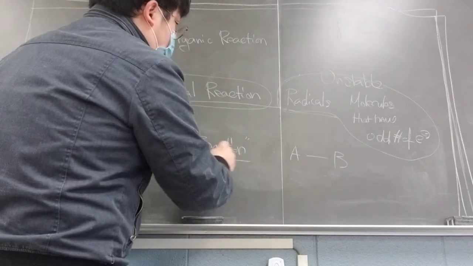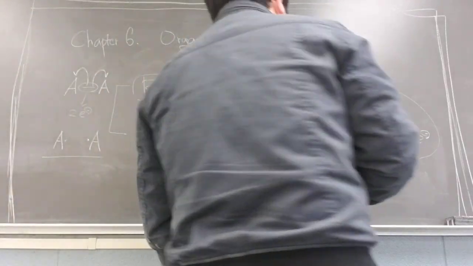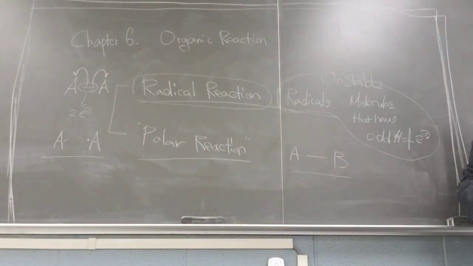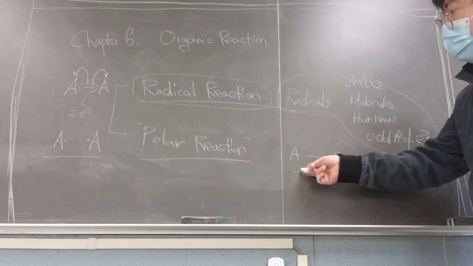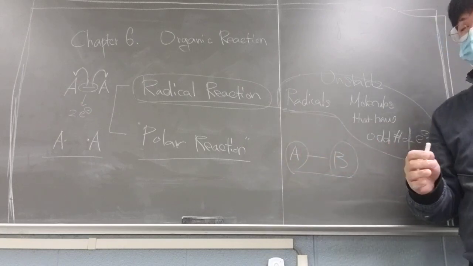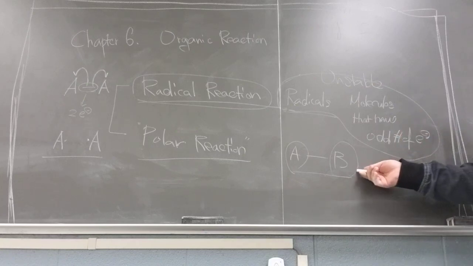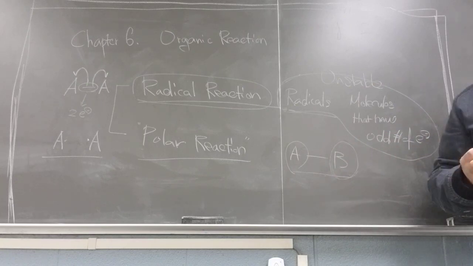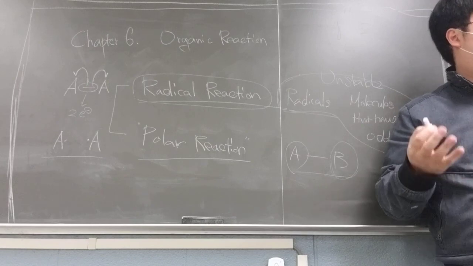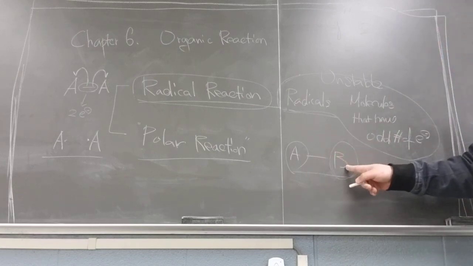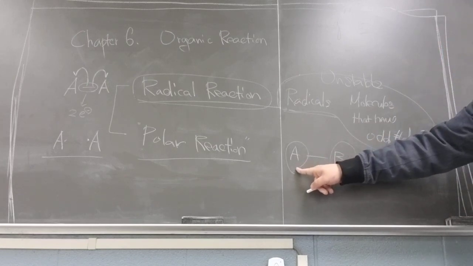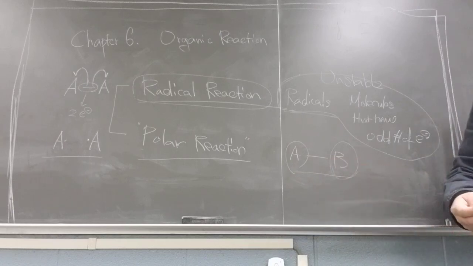The polar reaction is different. Electronegativity-wise, if B and A are different, maybe B is high in electronegativity, which means B will have a lot higher force or strength to pull those 2 electrons to itself. So A is like a loser here, and B is a winner that gets all the electrons.